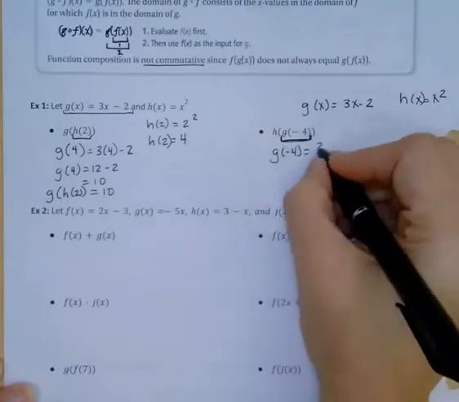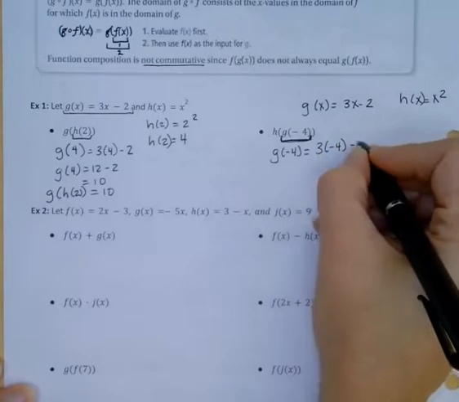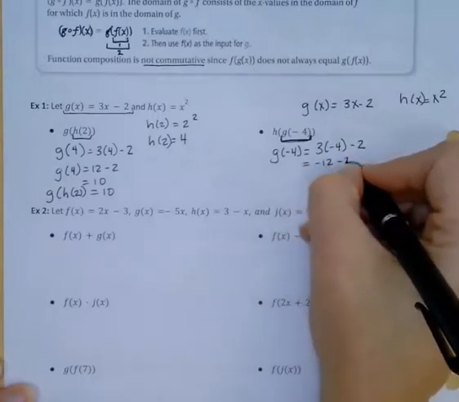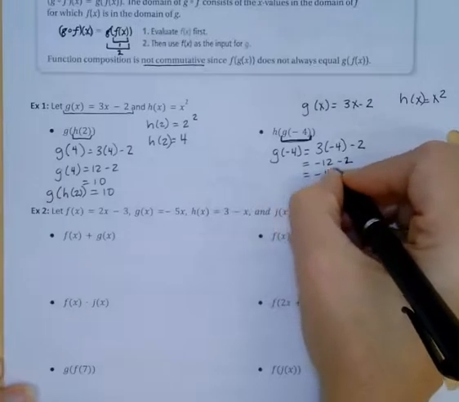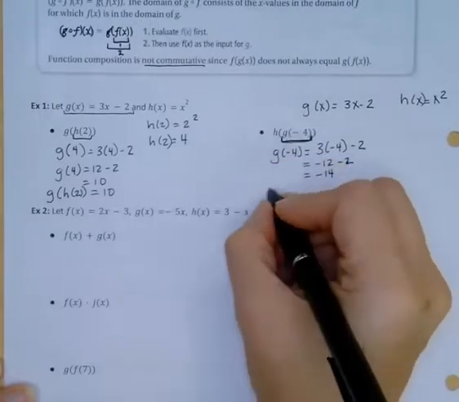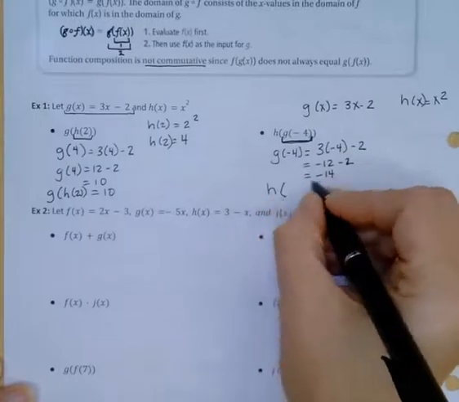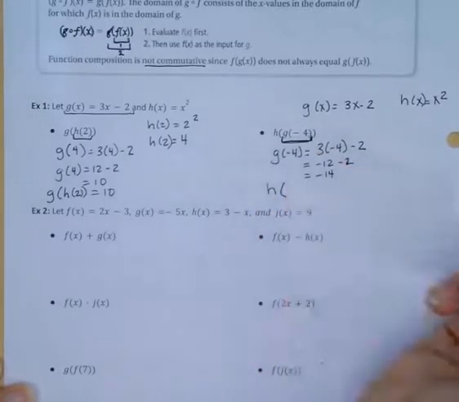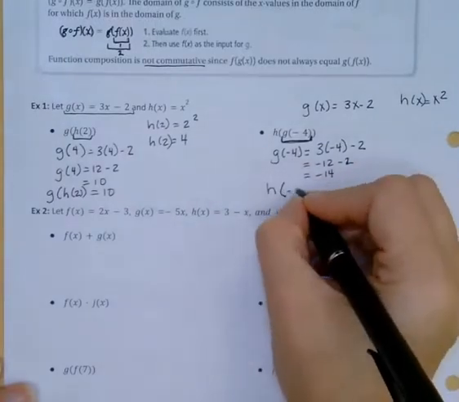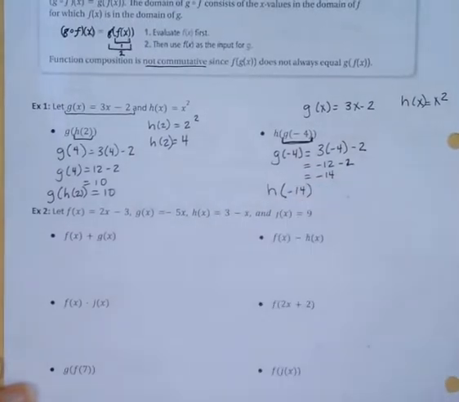So the g of negative 4 equals 3 times negative 4 minus 2. So it equals negative 12 minus 2. So it equals negative 14. The g of negative 4 equals negative 14, so I can just plug that in now, right? So now I want the h of the g of negative 4, but I know the g of negative 4 is negative 14, so I'm going to plug it in. Okay, the h of negative 14 is what I'm looking for.